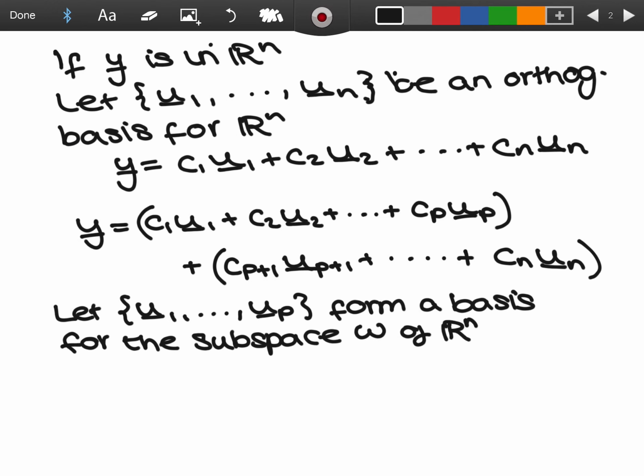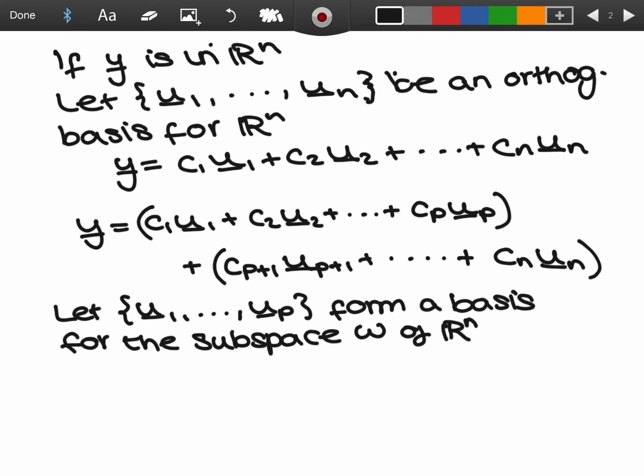You can form different subspaces depending on how you order these n u's. So if you wanted a different subspace, you would just reorder the elements and then you could group the relevant ones together to form that subspace W that you want. So u1 through up is going to form an orthogonal basis for the subspace W of Rn.